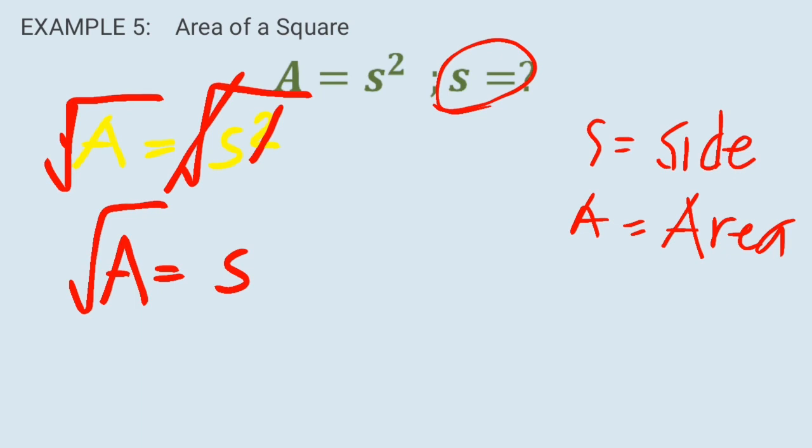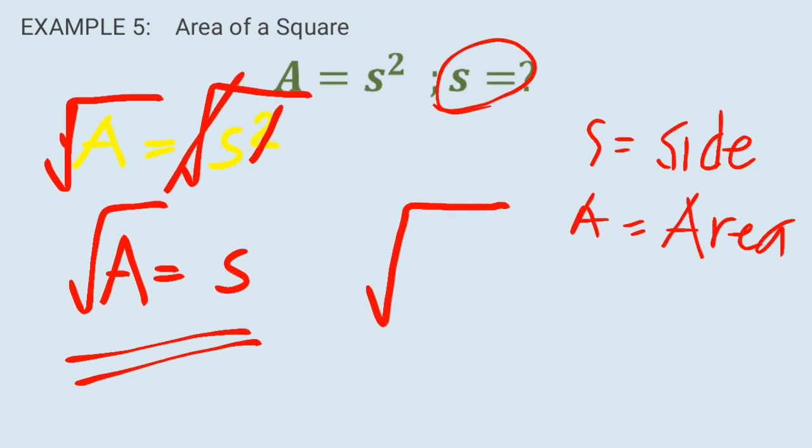So if we are looking for the side of a square, the formula will be this one: S is equal to the square root of A. Take note that in this radical symbol, it is understood that the exponent here is 2.